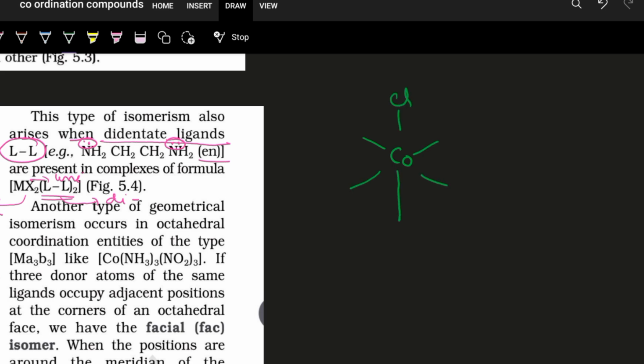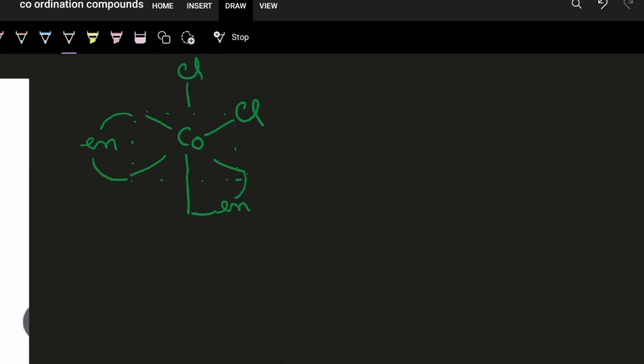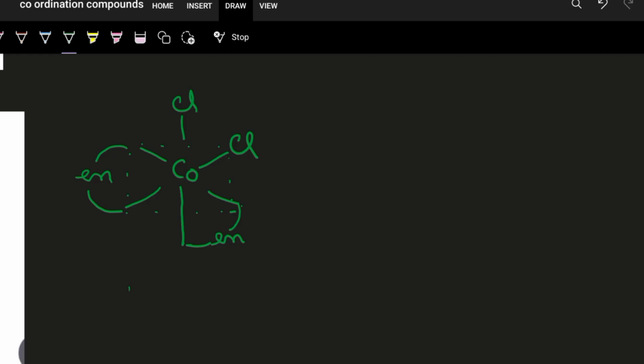You write here one Cl, write here another Cl, and make dotted lines to show this plane. And then remember that the leftover bonds are these, having en and this having en. Now again, if you want to see the donor atoms, this is the cis form. It can be drawn in this manner.